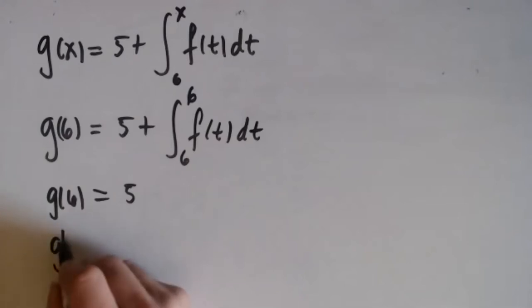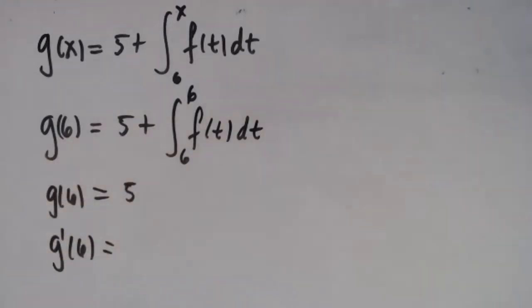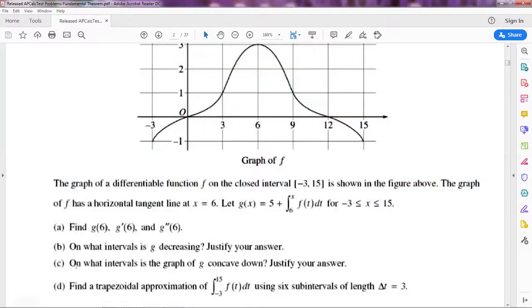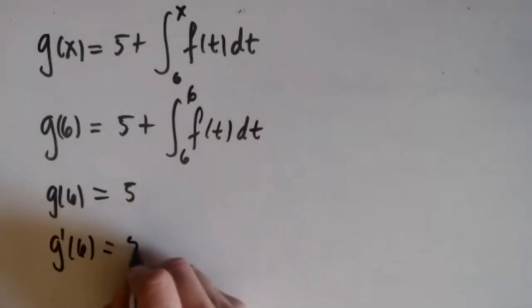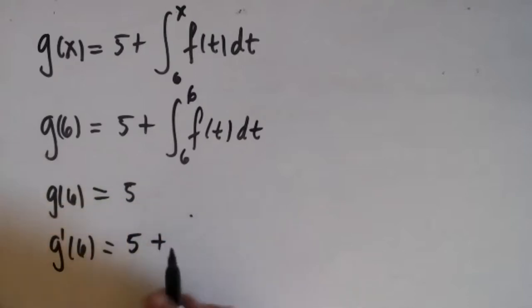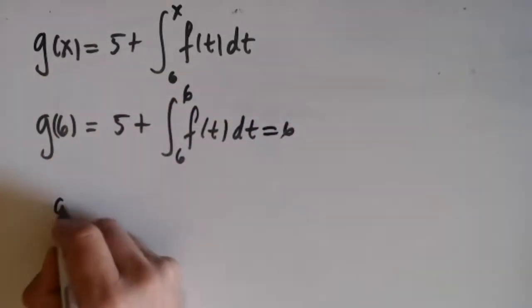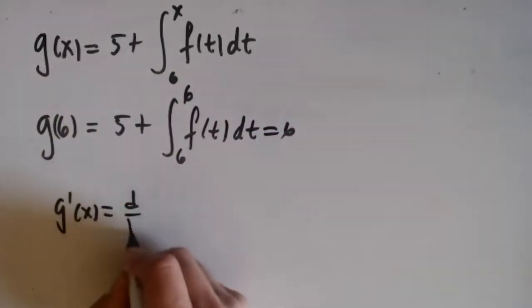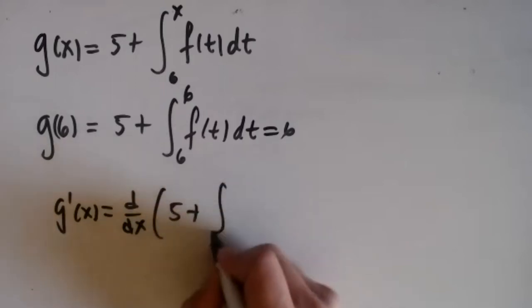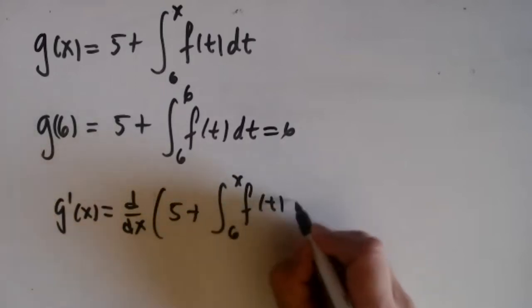Now, you want g prime of 6, correct? Let me go back to my board. g prime of x is the derivative with respect to x of 5 plus the integral from 6 to x of f(t) dt.